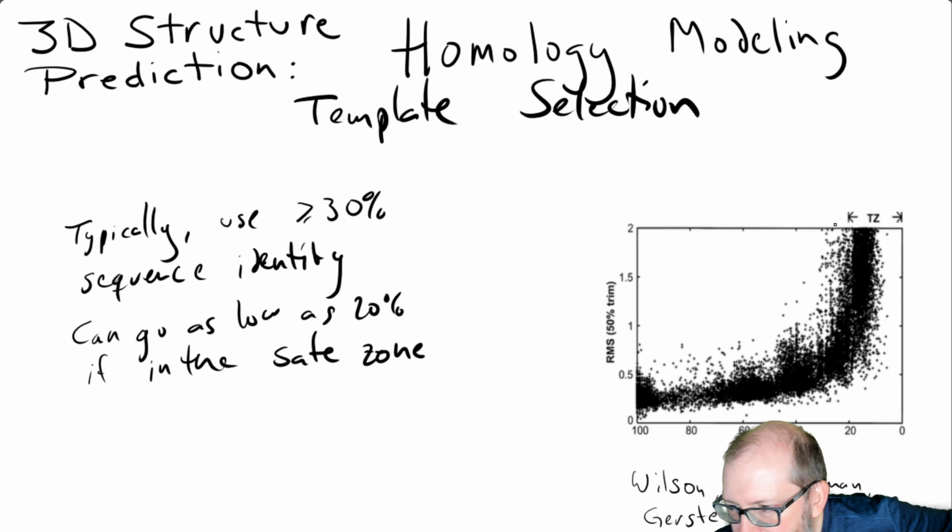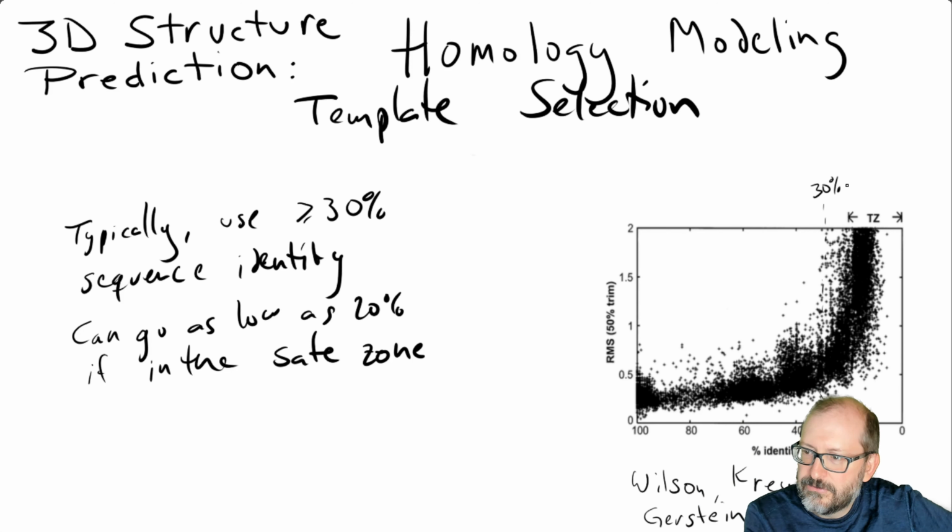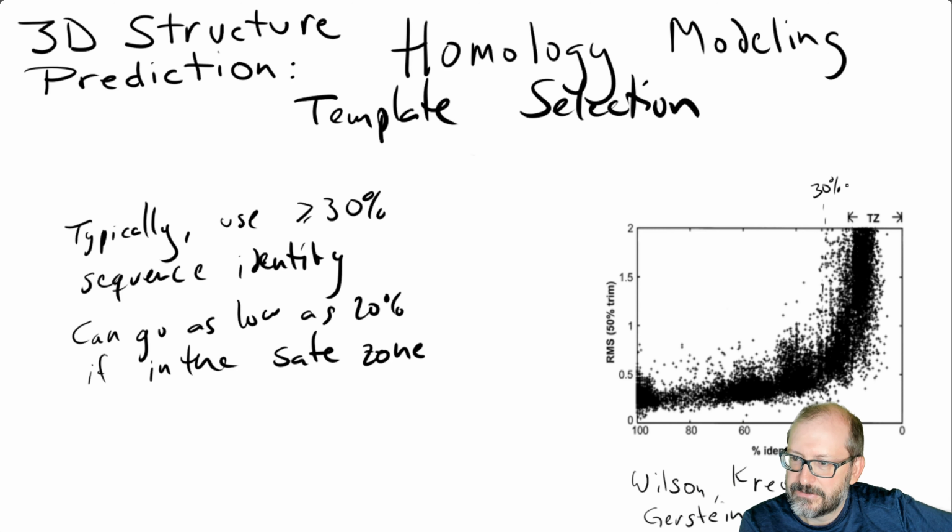And so what that means is that there's some point, depending on the author, this moves a little bit, but it could be maybe 30% or maybe 20%, somewhere around there, at which you start to lose the relationship between structure and sequence, or rather, where the sequence identity no longer implies structural similarity.